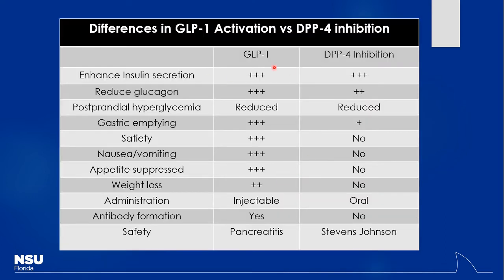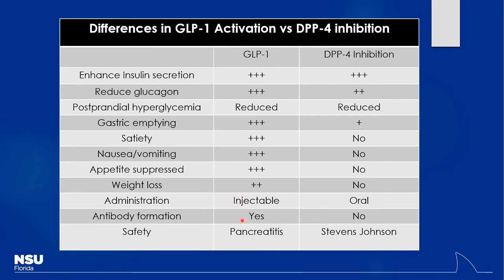So here's a slide to remember the differences between supplying the patient with an exogenous form of GLP-1 versus inhibiting DPP-4. Both of them will have pretty similar effects on glucose and whatnot. Just the GLP-1 agonist is going to be much more effective overall. But you're going to find these are only injectable and much more expensive.